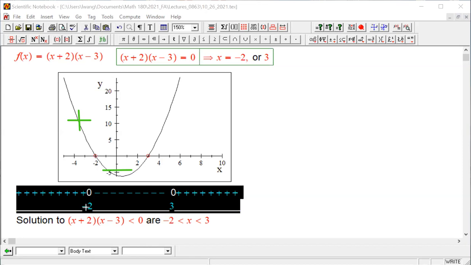When input is -2, the output is 0. And there's another turning point, +3, from negative to positive. At 3, the output is 0. Do you guys see those details? And these two methods produce the same answer, of course. It has to, otherwise something is wrong.